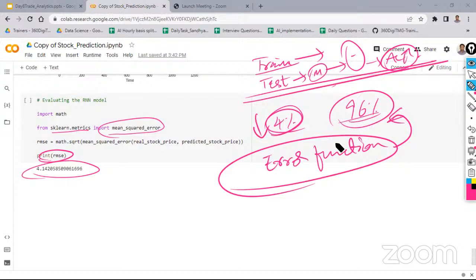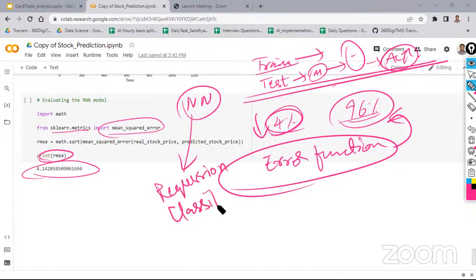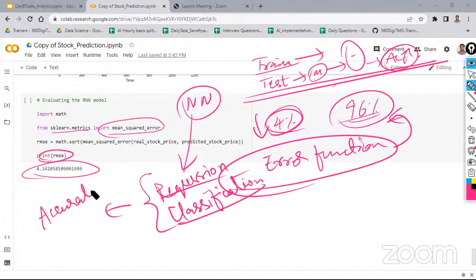So this is what we learned and tried to understand with the help of neural networks. This is good with respect to regression problems and also classification models. And this will be very accurate.